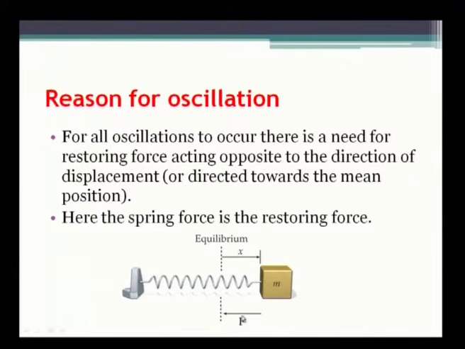When we consider the force, it is always pointed towards the equilibrium and it is opposite to the displacement. What will happen if the mass is compressed with respect to the spring?